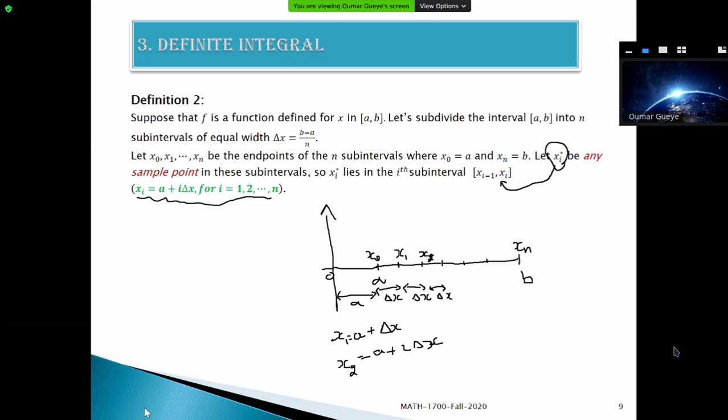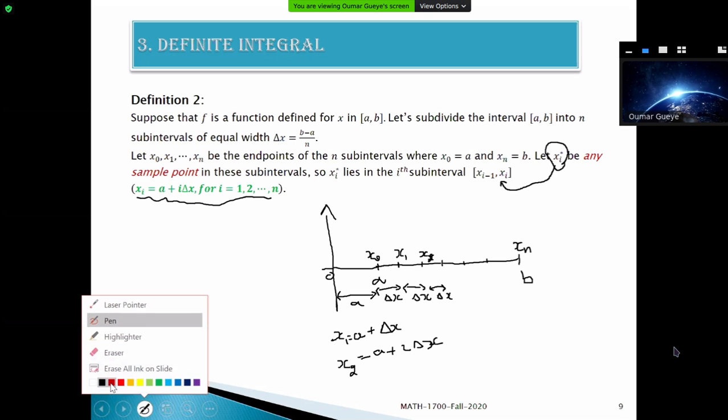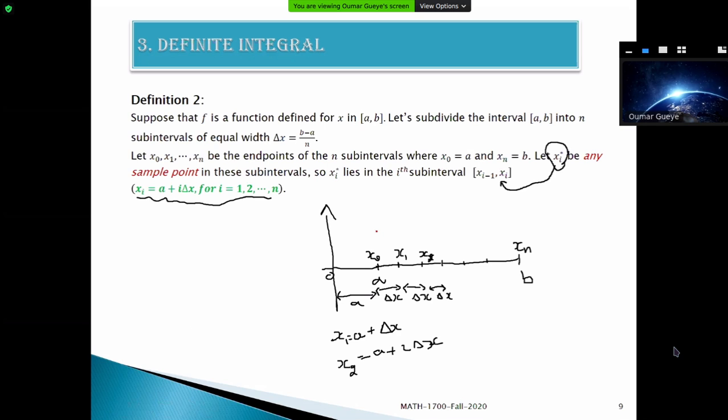So for example, from this subinterval, you are going to pick a number, and that number is x1 star. This number should be only in this interval. So it could be this endpoint, or this endpoint, or any number inside this interval.